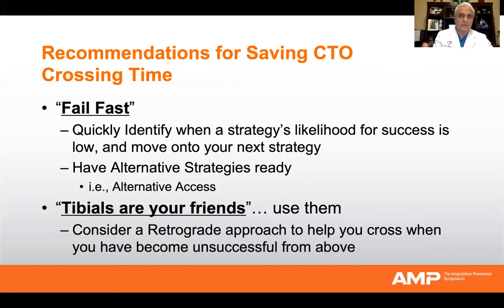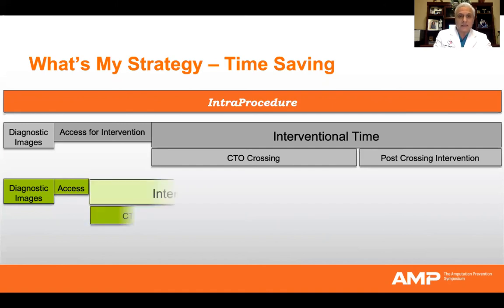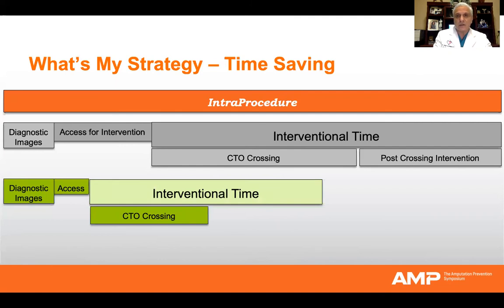If that means going to pedal or popliteal, go there. We say tibials are your friends. Use them. It will make your procedure very successful in many cases. If we do all these things, the diagnostic images time stays the same, but you can cut down significantly by deciding right from the beginning what access you're going to get, and then crossing the CTOs by utilizing different approaches: plan A, B, C, alternate access.